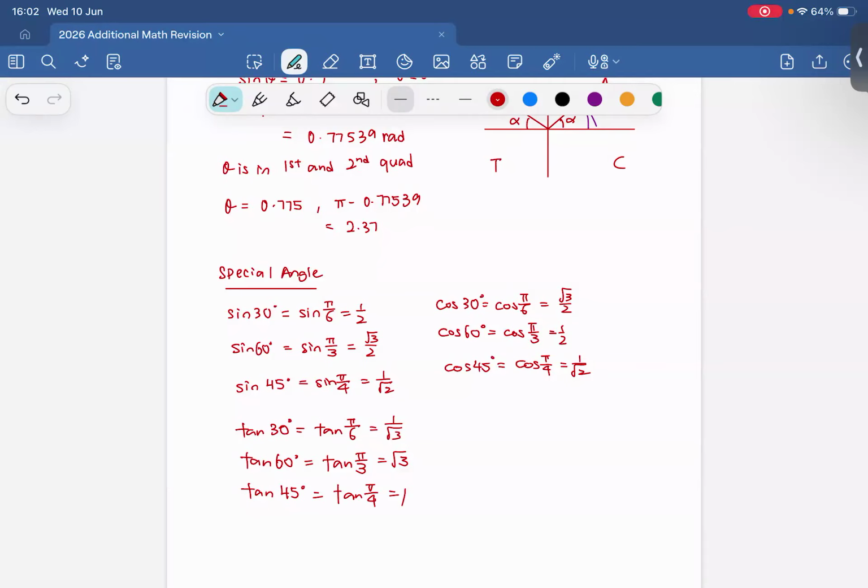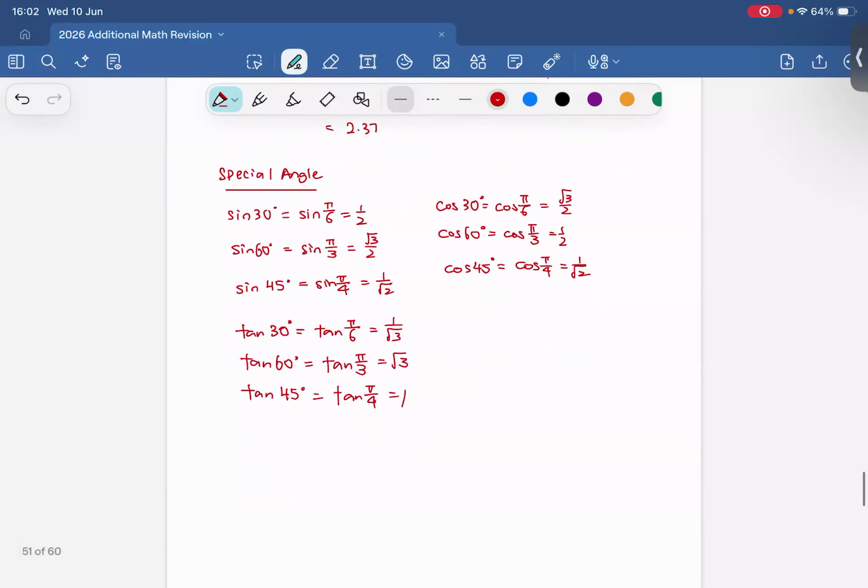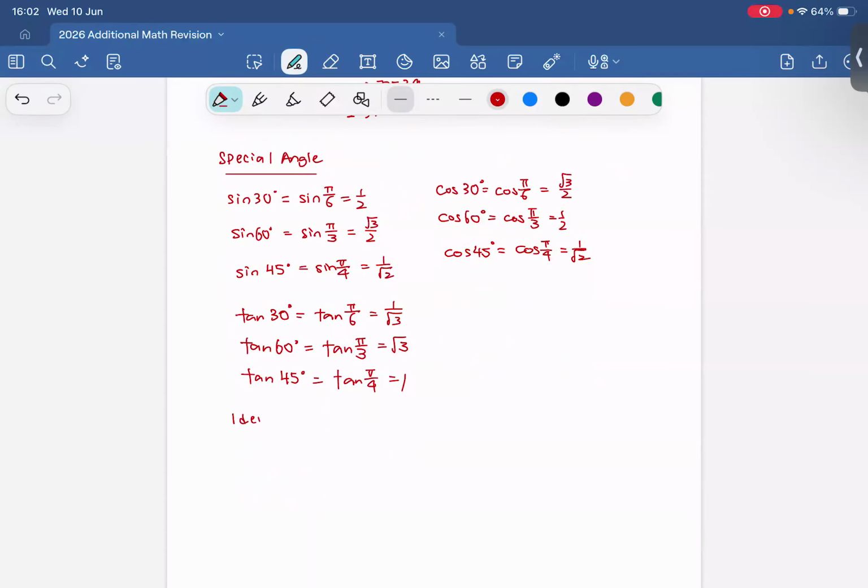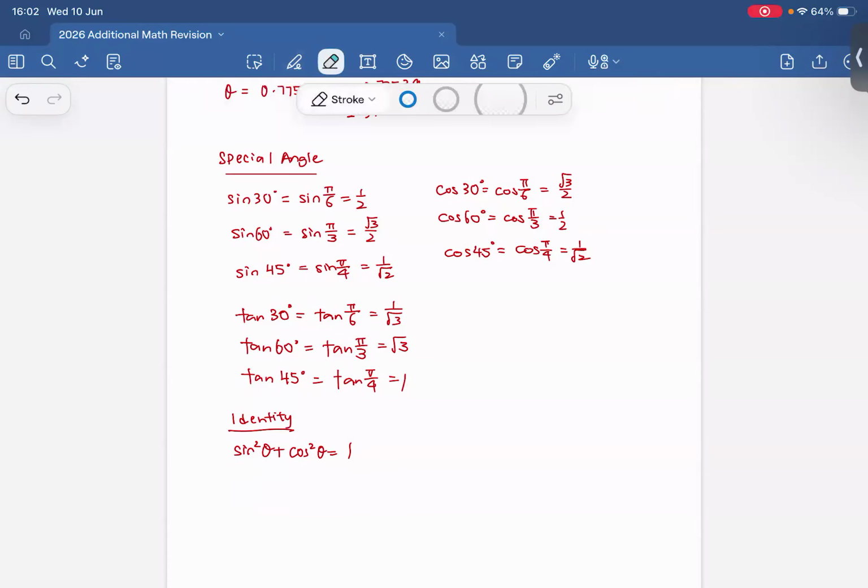Then of course, you have your identities. Your first set involves squares. So whenever you see a square, you must think of these three identities. Write this one first.